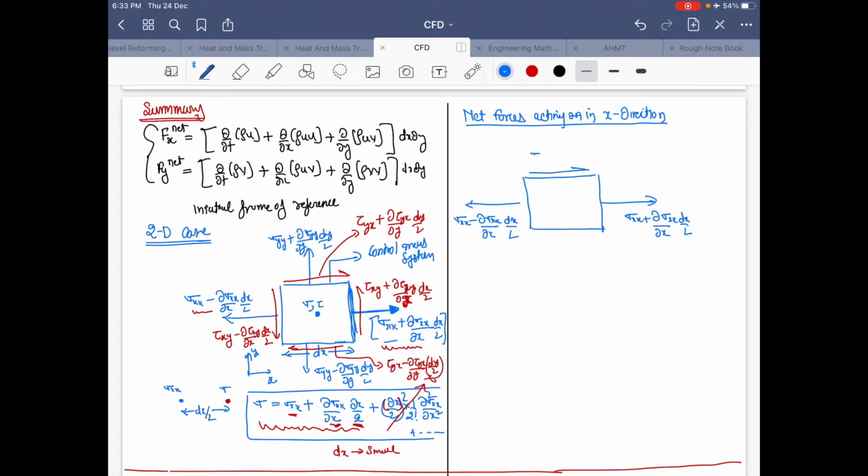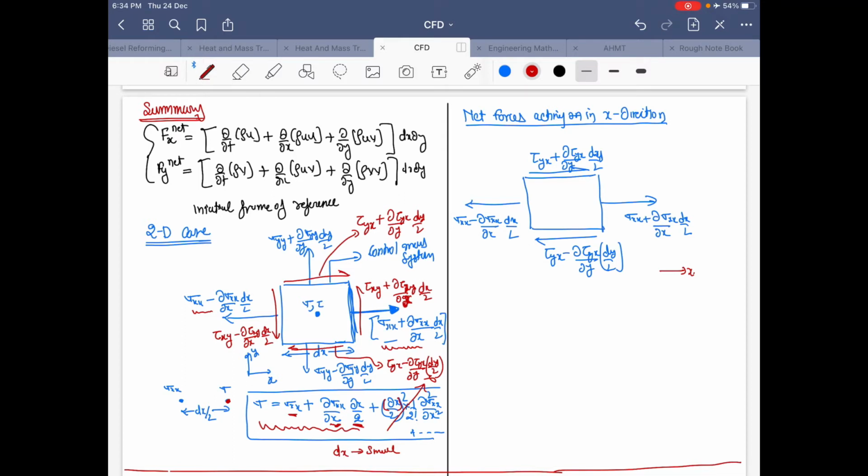Next I will have tau yx plus del tau yx by del y into dy by 2, and the other component of force is tau yx minus del tau yx by del y dy by 2. So these are the forces acting in the x direction. First I am analyzing the x component of forces.